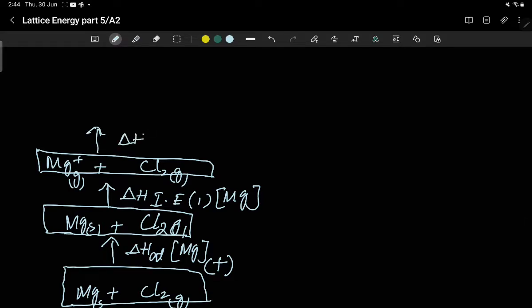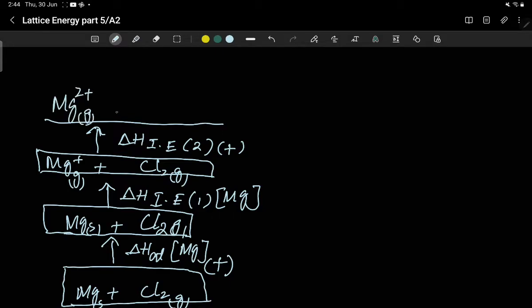Delta H ionization energy 2, it is always positive, an endothermic reaction. Magnesium 2 plus gaseous plus Cl2 gaseous.